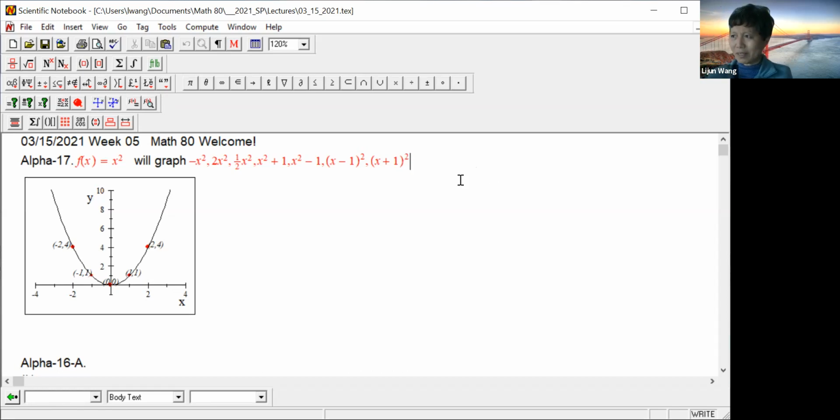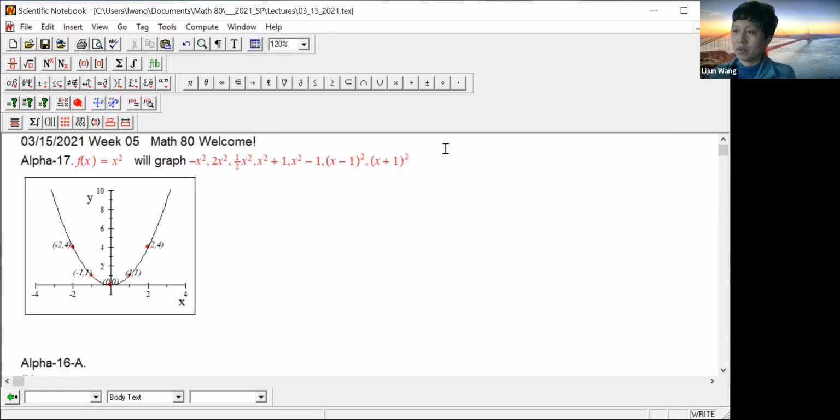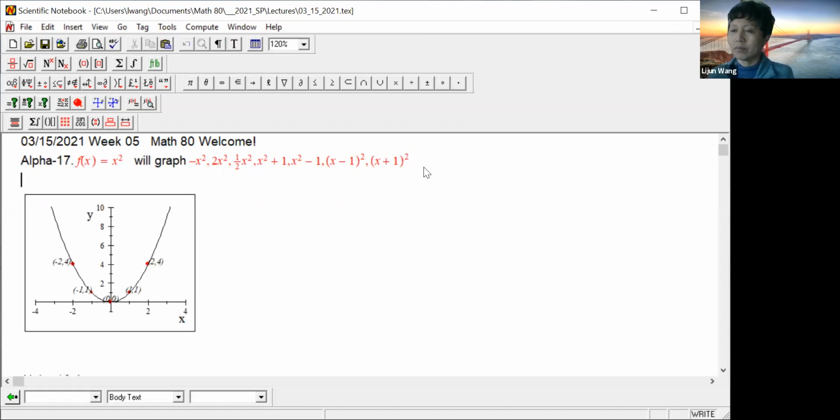If you look at these expressions, do they look the same to you? I understand it can be very, very confusing. So we're going to do one at a time. For this function, we did it some time ago.